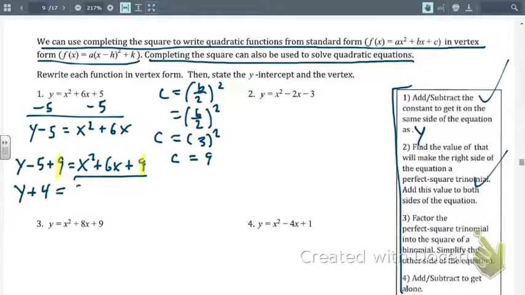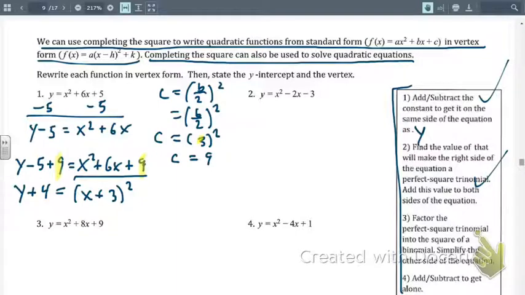You're going to make a parenthesis. You're going to put an x inside that parenthesis, and then whatever your b over 2 is, before you square it. So whatever your b over 2 is, so it's 3. You write that there. All right, so that's the shortcut. Otherwise, what you would have to do is what you did in problems 1 through 3.